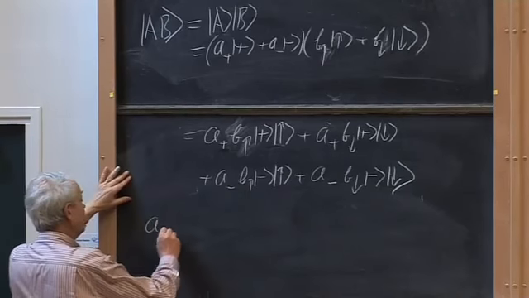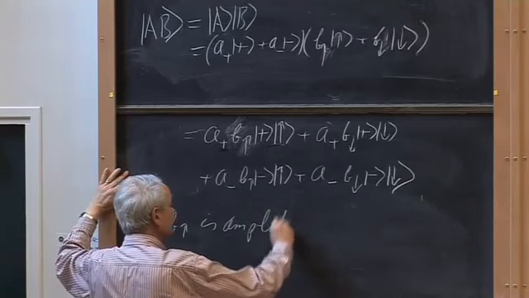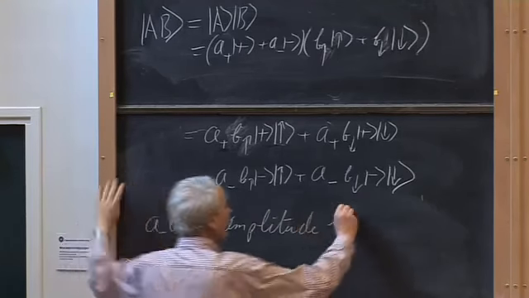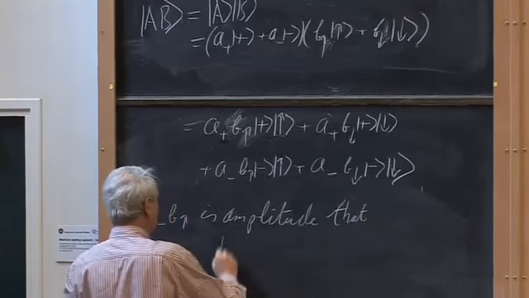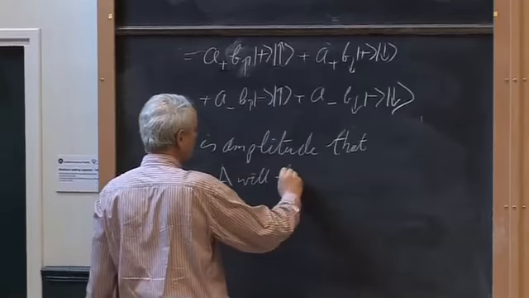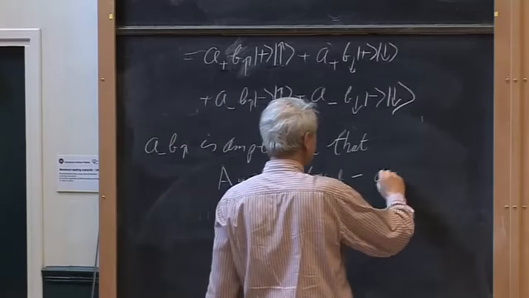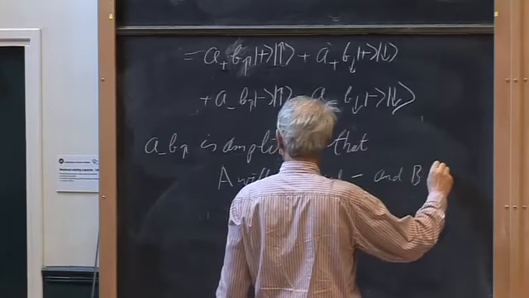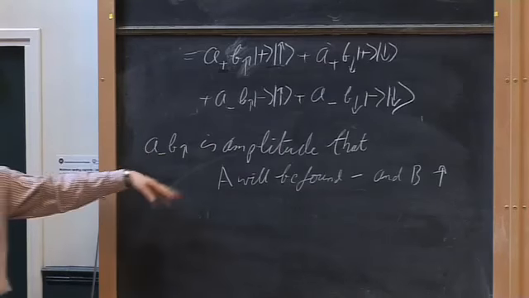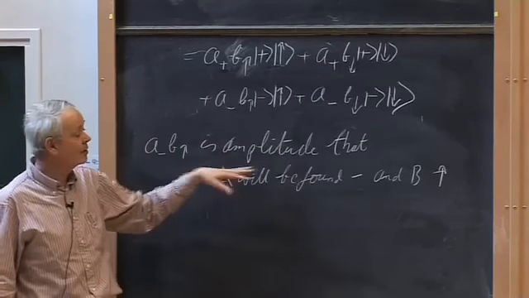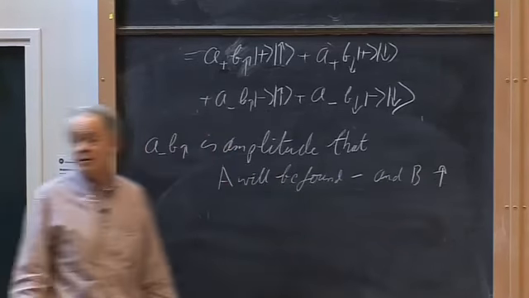So, for example, A minus B plus is the amplitude that A will be found minus and B up. So take the mod square of this, you get the probability of the experiment to measure A's property and B's property will be these particular values.